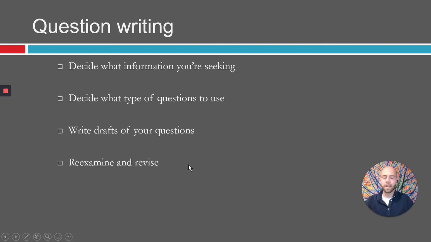You need to re-examine those things that you've written and make sure that they are going to be interpretable by your sample and are really assessing exactly what you want to. It might be that you wrote a question that doesn't actually assess the variable that you're interested in, and having feedback and somebody pointing that out to you would of course be very useful.